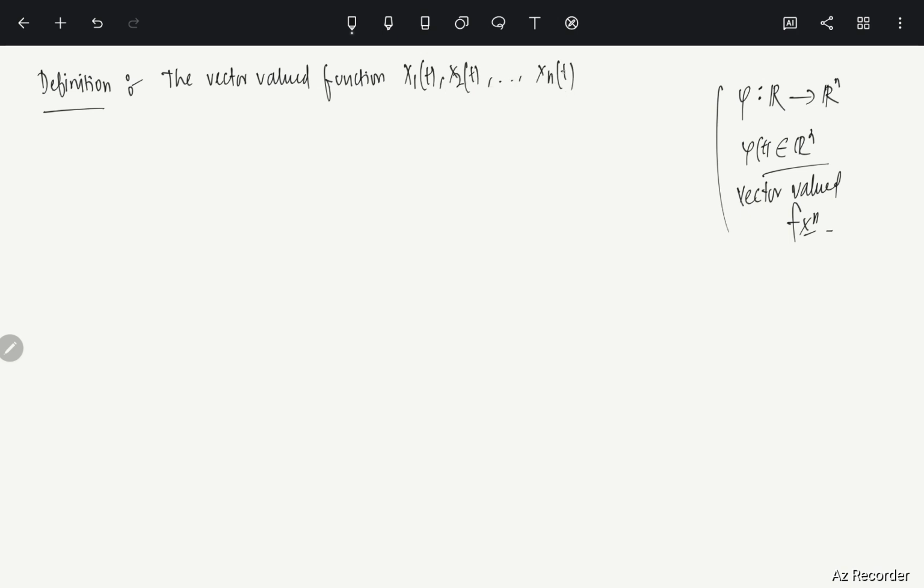So I am working with n functions, and they have to be defined on a common interval, let's say some interval I. They are said to be linearly independent.